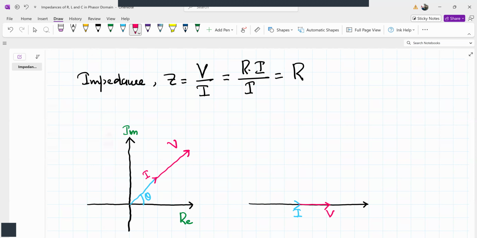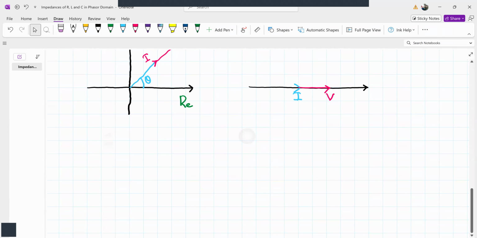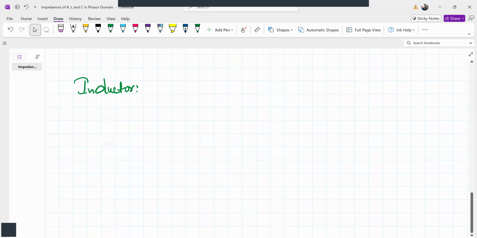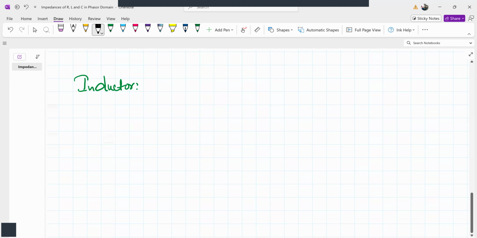Okay, now let's study the inductor. Let's suppose we are given this inductor, where the voltage in the time domain is v of t like this, and the current is flowing like this, i of t.